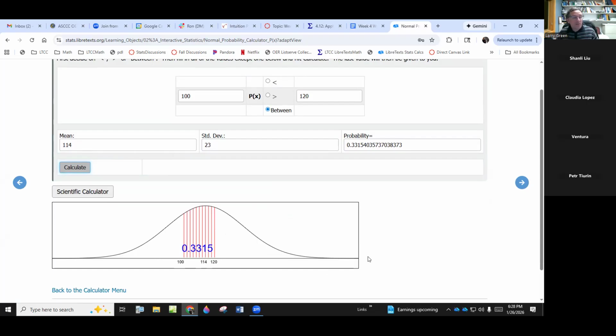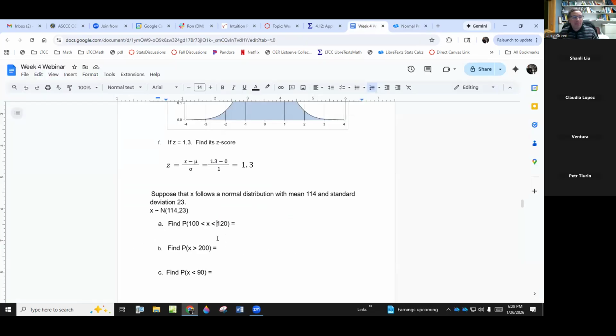So there's our normal distribution. There's our mean at 114. We want to be between 100 and 120. And that has a 0.3315 about. If you want more decimals, you can look at this huge, many, many decimal places. And there's our probability, 0.3315. Any questions on that?